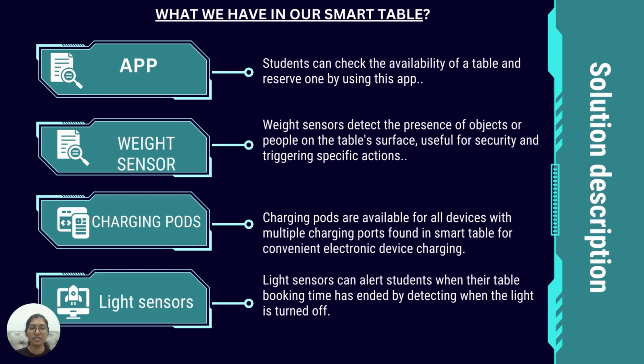The smart table has multiple charging ports available for all devices, for convenient electronic device charging. The light sensors can alert students when the table's booking time has ended by detecting when the light is turned off.